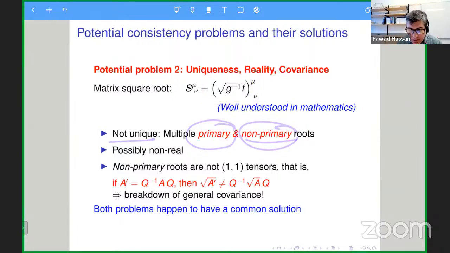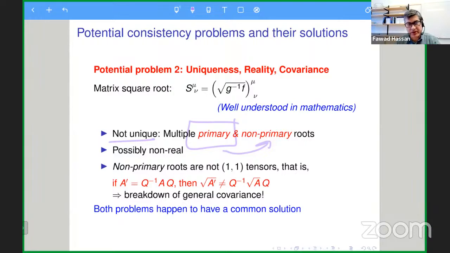So you need this. I can explain this in more detail if there are questions later on. But you need the square root to be primary. But then one can see that of the many primary square roots, all of them can generically go to non-primary ones.